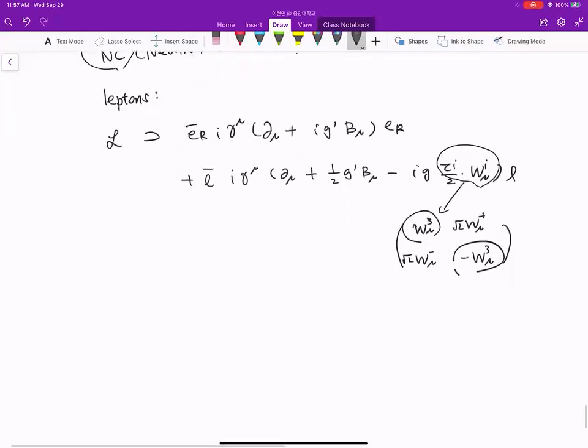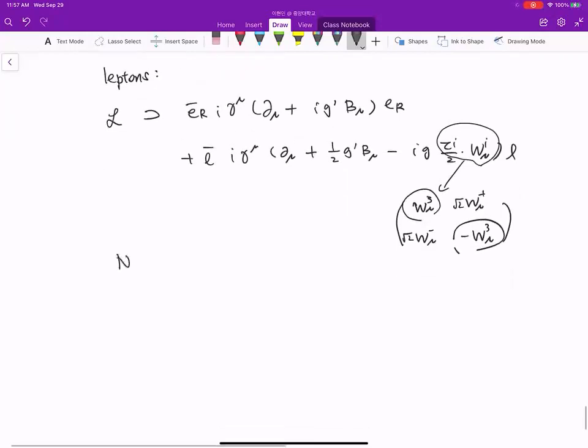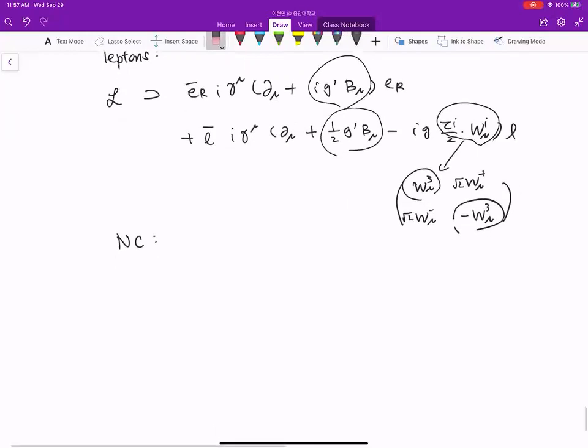So for the neutral component, we keep the hypercharge as well as the neutral component of the SU(2) gauge bosons. So for the neutral current, we keep interaction only.